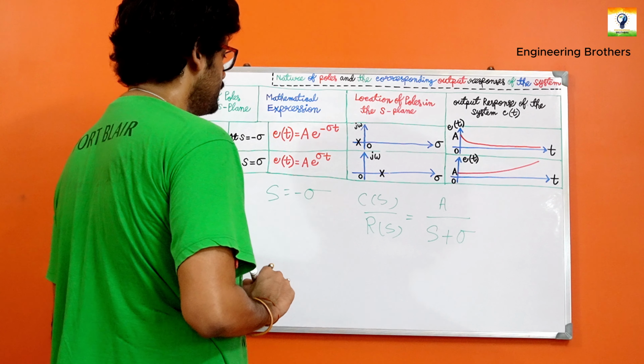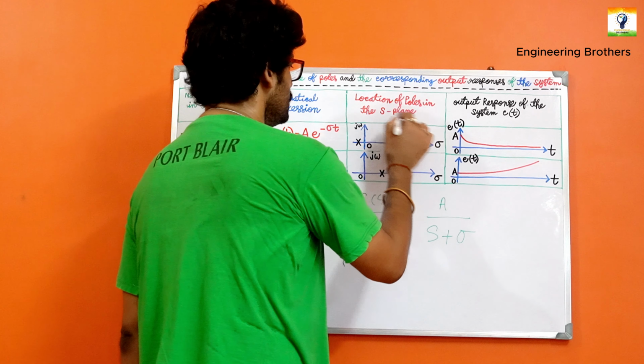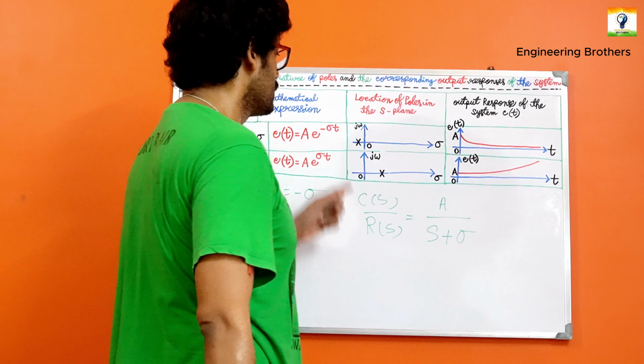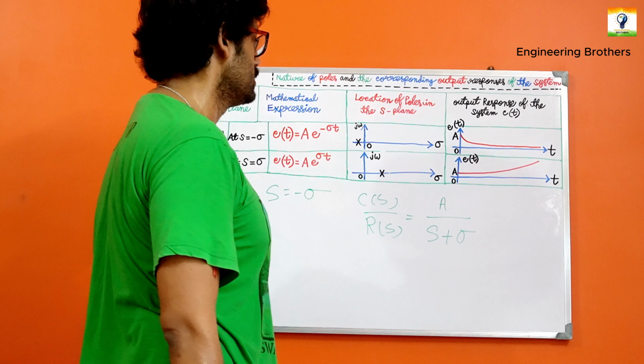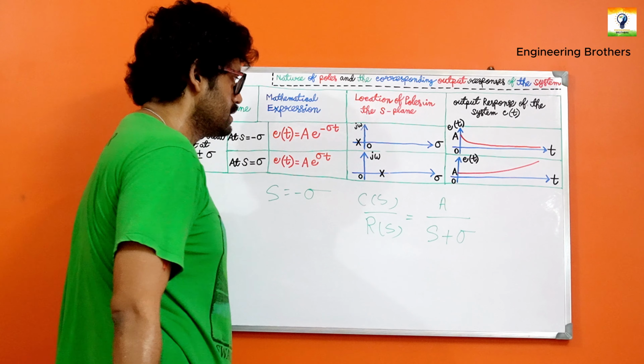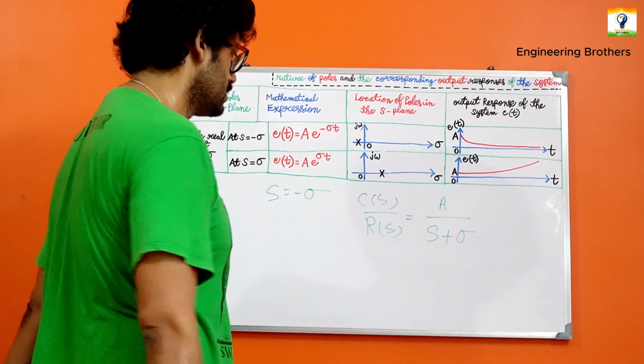According to our s-plane analogy, the exact pole location will be in this way, and the cross is indicating that. So the pole is at the left hand side of the s-plane, and quite naturally you can see that this is our transfer function equation.